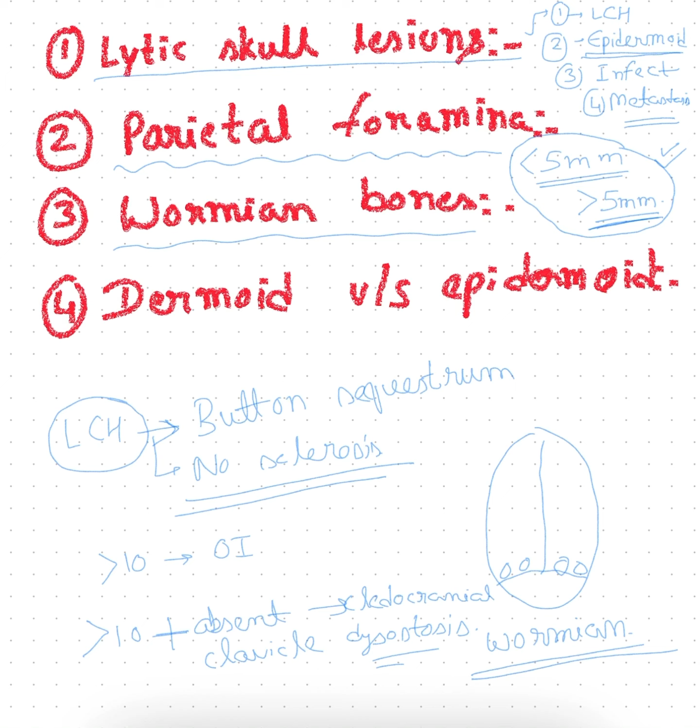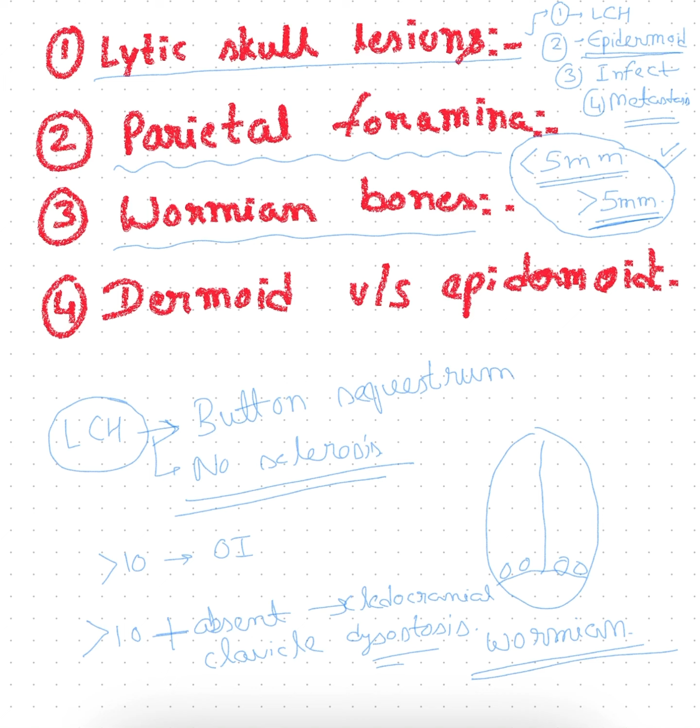Other differential diagnoses for the Wormian bones are: one is pycnodysostosis, in which there is defective ossification. One is osteogenesis imperfecta, as we already discussed. One is rickets, which is vitamin D deficiency.